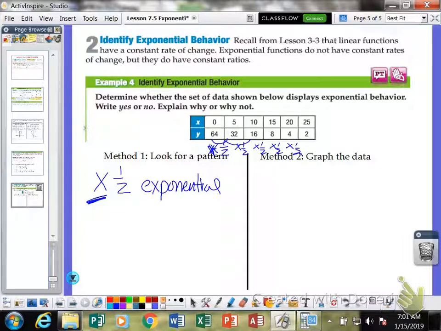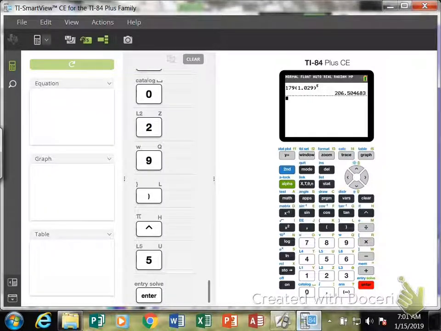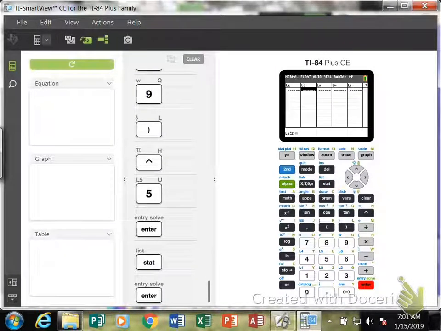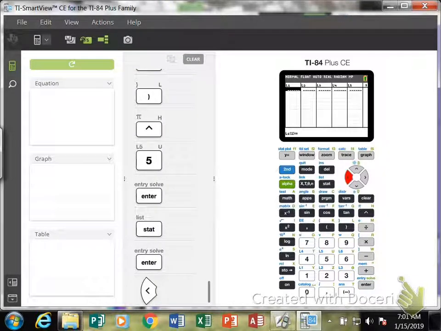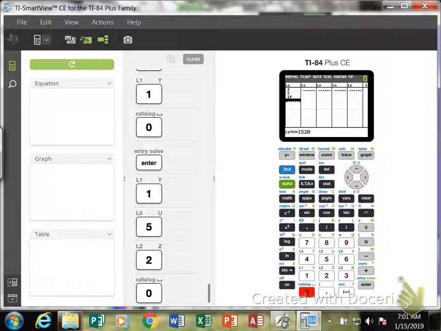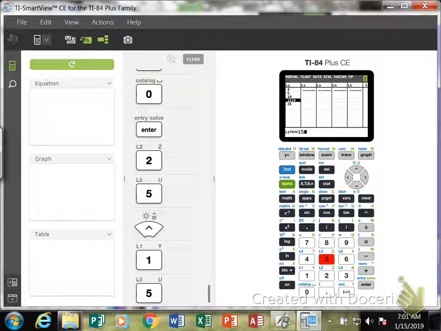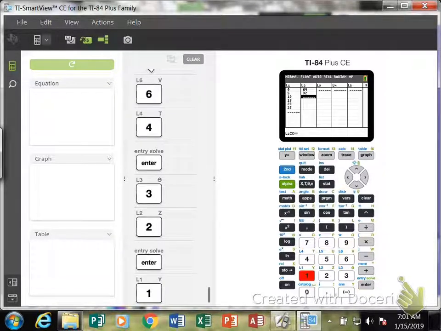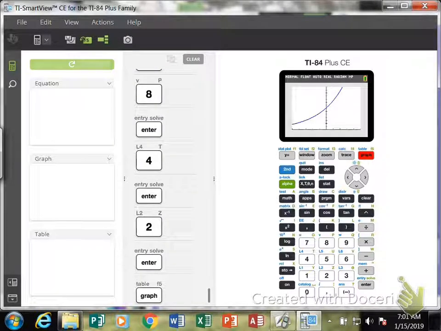Go stat, edit, and it was 0, 5, 10, 15, 20, 25, and then we had 64, 32, 16, 8, 4, 2, enter.